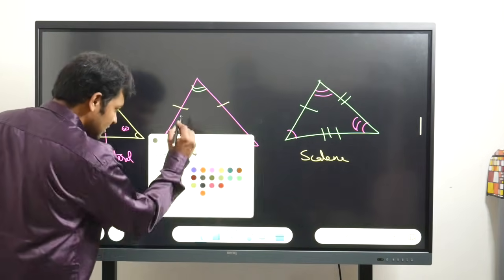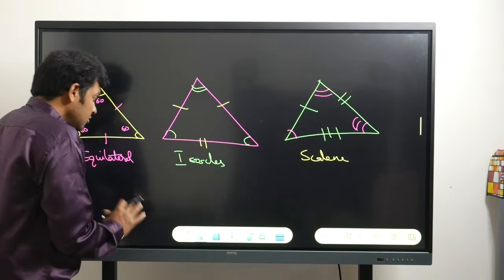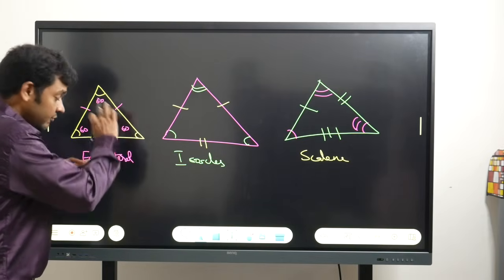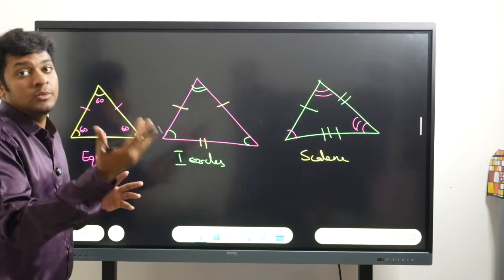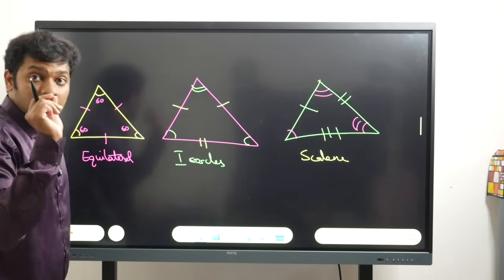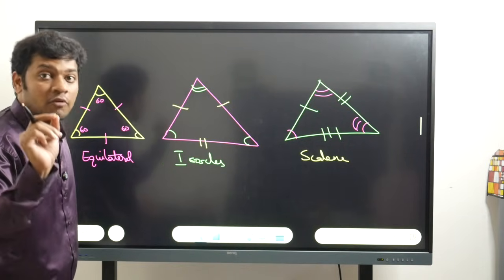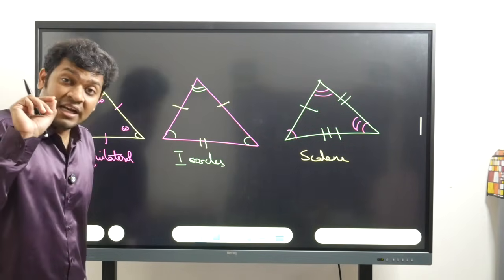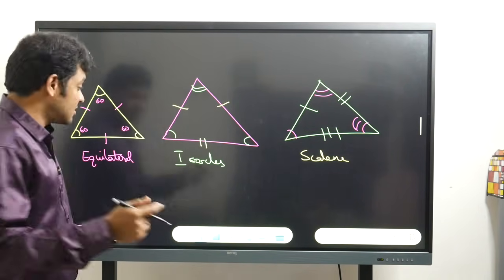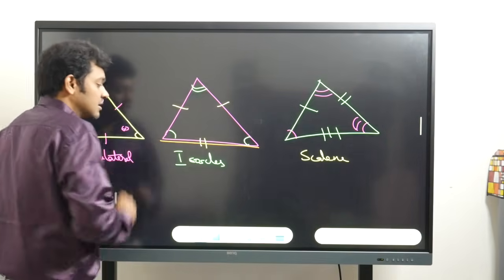In any triangle, you will have three sides, and those three sides can also be called bases on which it rests. When I mention the base of a triangle, it can be any side. Only in an isosceles triangle, when I mention the base, the unequal side is called the base.